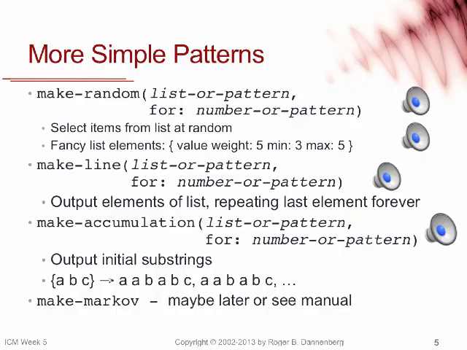Here are some more simple patterns. Random picks elements from a list at random without replacement. So at every point you can pick anything. There are some fancy ways to specify the list of what to pick, where you can give weights. You can also specify the minimum number of repetitions and the maximum number of repetitions once you've picked something.